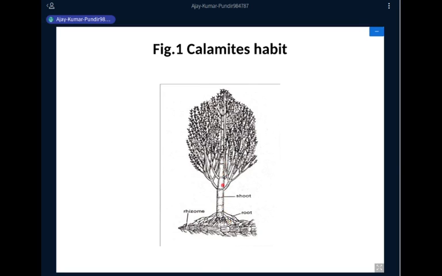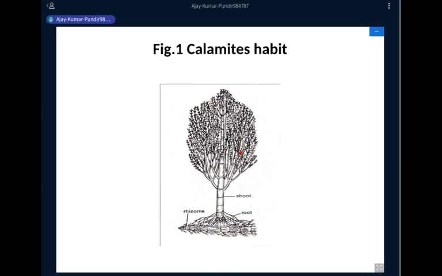If you see the picture of the aerial shoot of Calamites, it is also divided into node and internode, and from the nodes of the aerial shoot, on both lateral sides, very frequent lateral branches develop. The lateral branches of Calamites, according to paleobotanists, are also divided into node and internode.